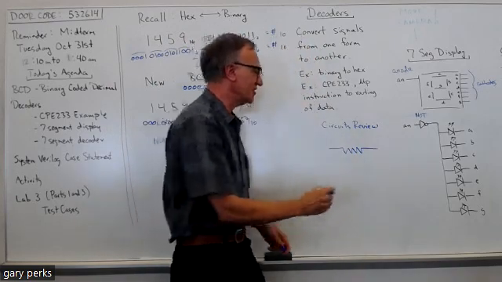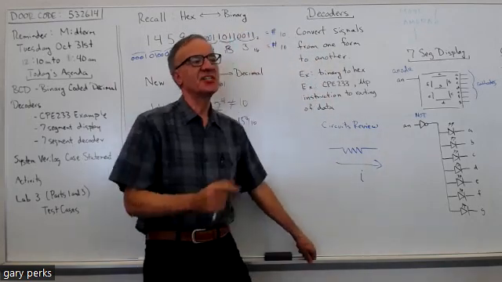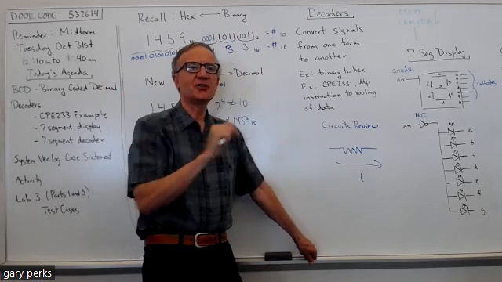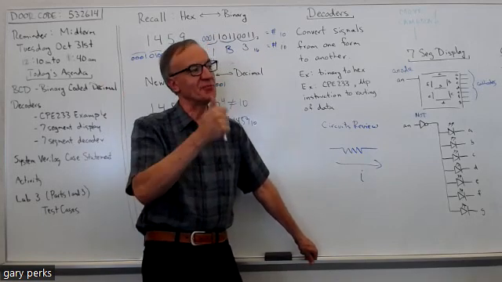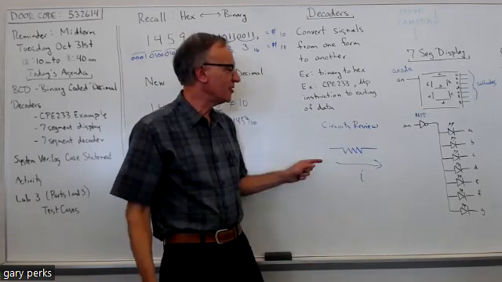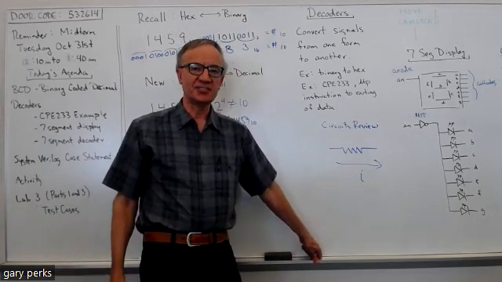If you have a resistor and the current's flowing this direction, in engineering classes, we always assume current is the flow of positive charges. When you take a physics class, they might talk about electron flow, but electrical engineers and computer engineers always consider current as the movement of positive charges.